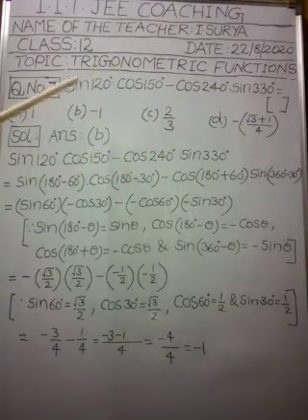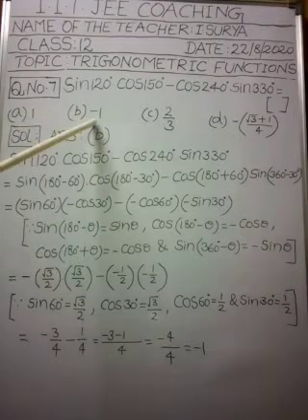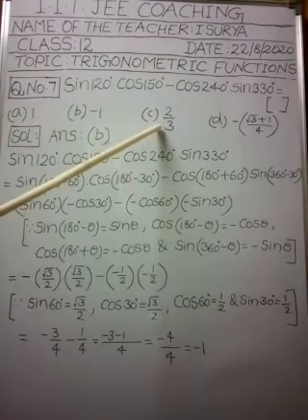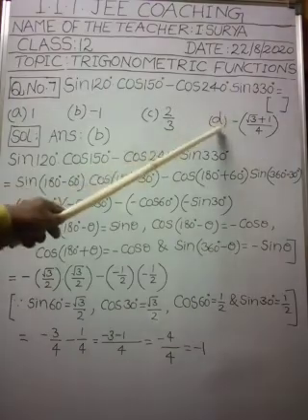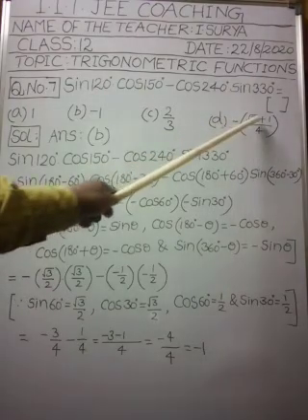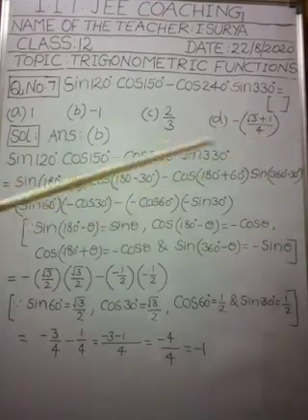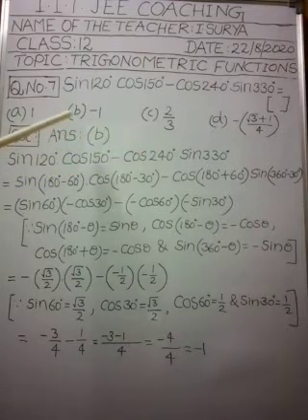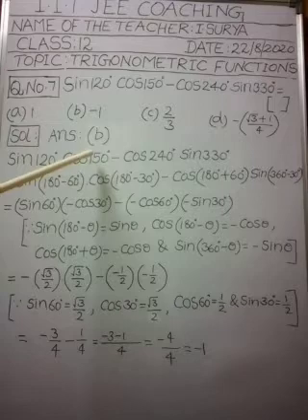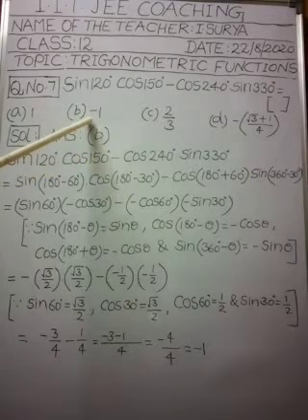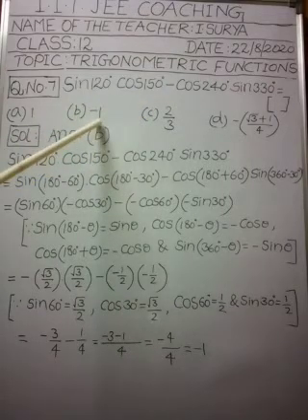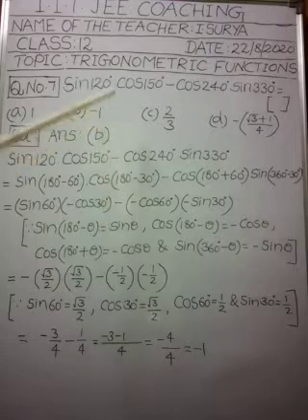Here the first option is 1, the second option is -1, the third option is 2 by 3, and the fourth option is minus of (root 3 plus 1) by 4. Out of these four options, the second option is correct. That is, the value of this expression is minus 1.